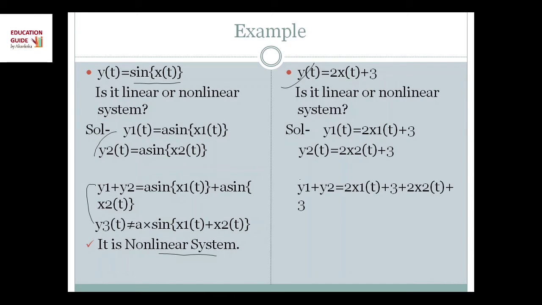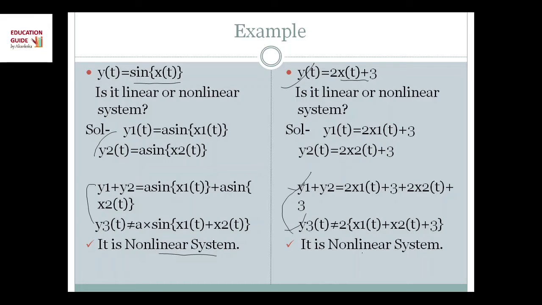Then we add y1(t) + y2(t) = 2x1(t) + 3 + 2x2(t) + 3. Then we put in question x(t) = x1(t) + x2(t). We got y3. y3 = 2[x1(t) + x2(t)] + 3. y3 does not equal y1 + y2. So it is also a non-linear system.